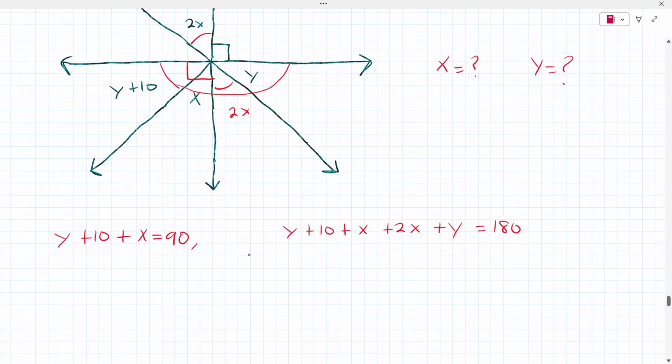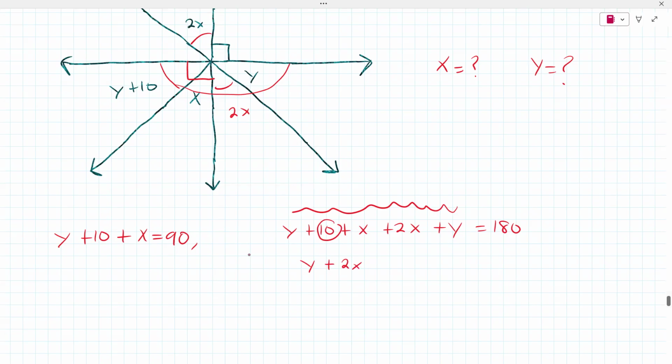Okay, so what do we know? We can't solve here because they're two different letters. We kind of have a problem. Maybe we have to create a system of equations. So can we simplify this side? Yes.